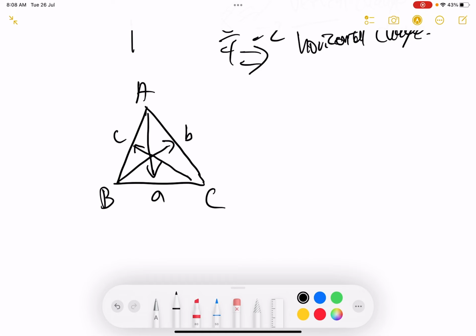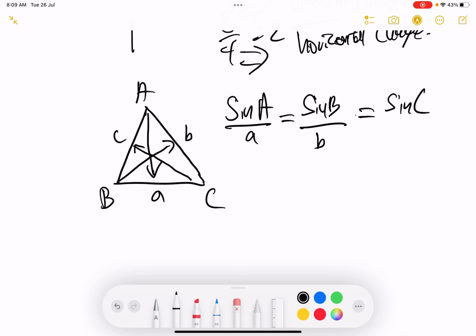Now the sine rule is very simple, it's very elegant because it tells us one thing. All we have to do is to pair up the angle with its side. That means sine A over the side, which is the small a, is equal to sine B over the small b, and is also equal to sine C over the small c.